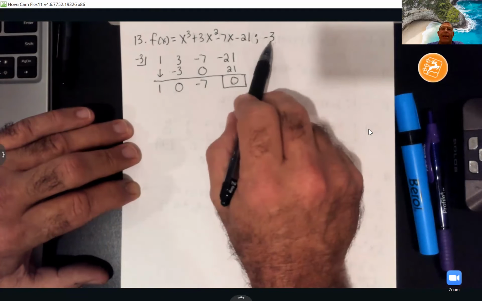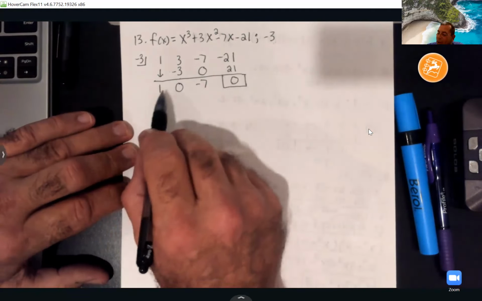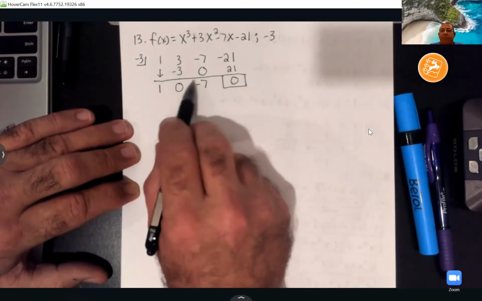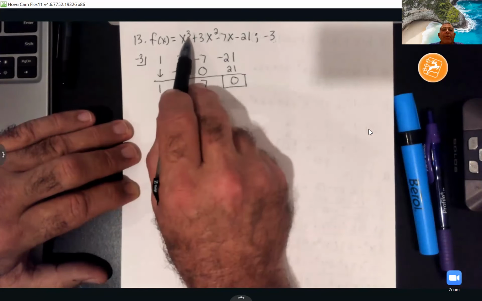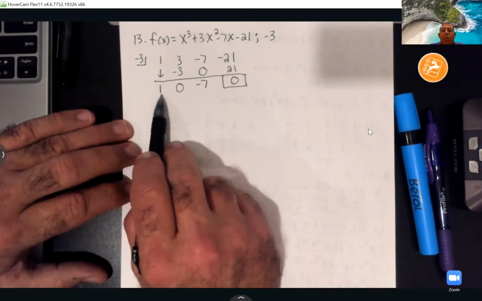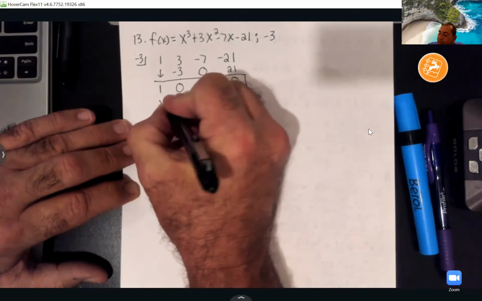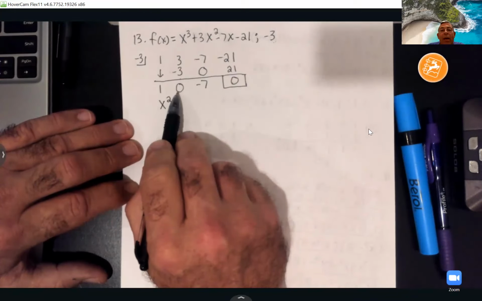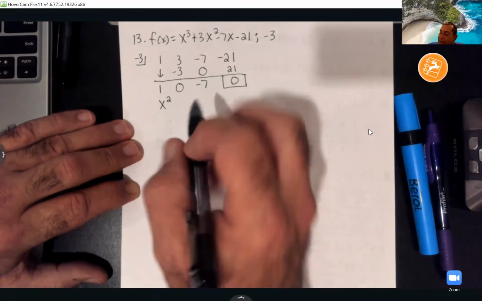They want to see what we get out of these 3 numbers. Since that was an x to the third, this now starts as the x squared. So I got 1x squared, 0 x's, minus 7.